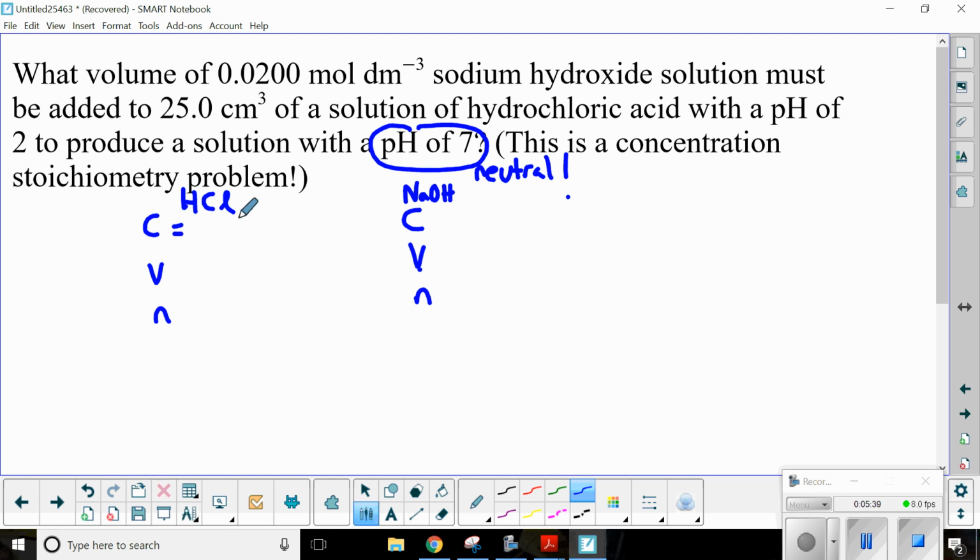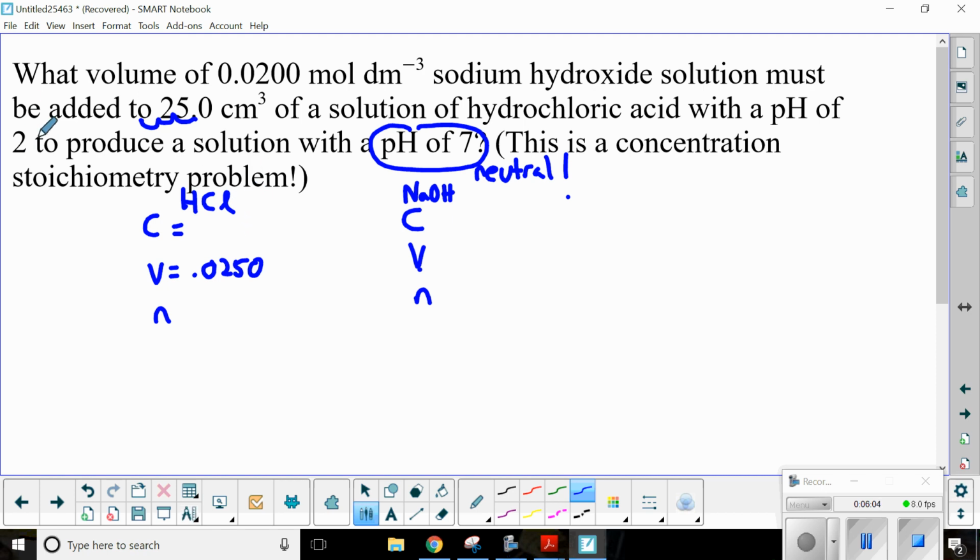So let's look at the HCl. I know my volume is 25 milliliters, or 25 cubic centimeters. I'm going to change that to liters. So it's going to be 0.025. And it's not intuitive that I've got the concentration, but I really do. Strong acid, 99.999% dissolves into water.